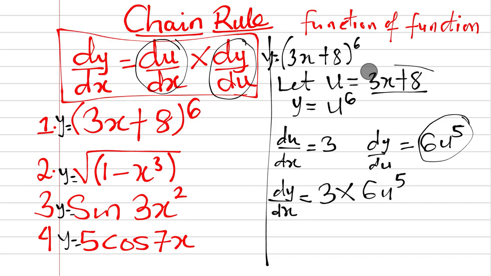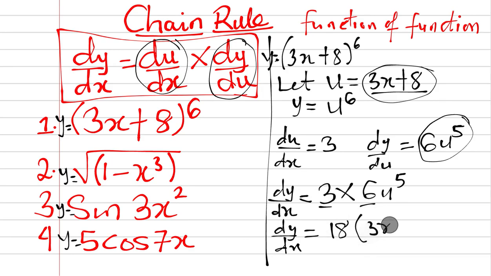Your u is 3x plus 8. So your dy/dx is equal to 3 times 6, which is 18, times (3x plus 8) raised to power 5. So that is the answer for that question. Do you understand that now?